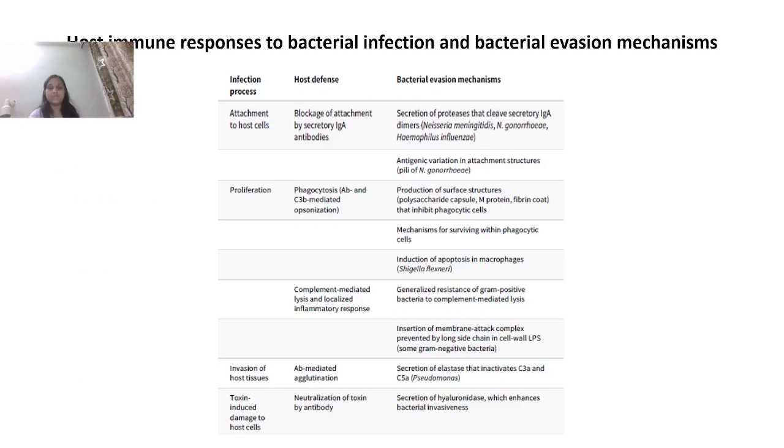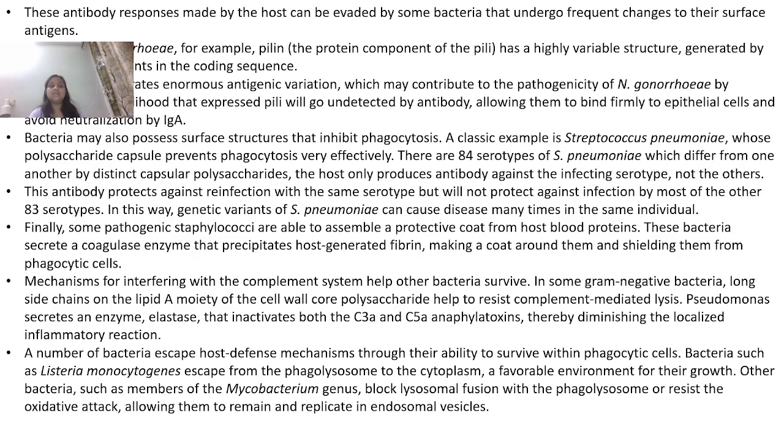And in some gram-negative bacteria, they synthesize a lipid chain so that there is no formation of the membrane attack complex. Then, a number of bacteria escape host defense mechanisms through their ability to survive within phagocytic cells. For example, Listeria monocytogenes escapes from the phagolysosome to the cytoplasm, a favorable environment for its growth. Other bacteria, such as the Mycobacterium genus, block lysosomal fusion with the phagolysosome or resist the oxidative attack, allowing them to remain and replicate in endosomal vesicles.